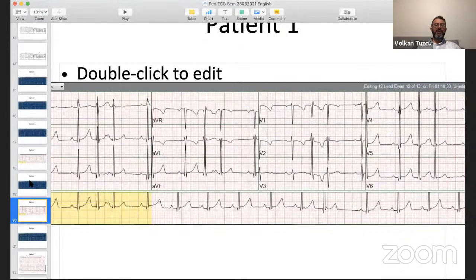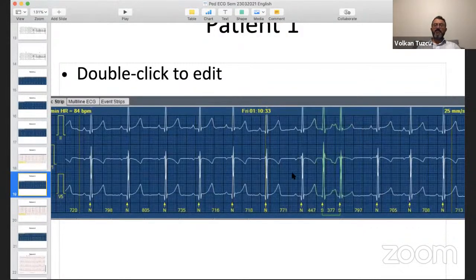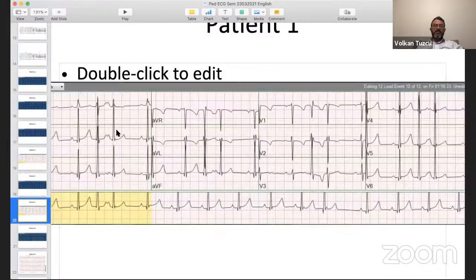And this is the 12 lead representation of the same segment. This is why 12 lead Holter is really helpful if you're not sure whether a patient has PVC or not. If you have a 12 lead Holter, I recommend you use it, especially for assessment of PVCs. And again, this is the 12 lead part of the same strip.